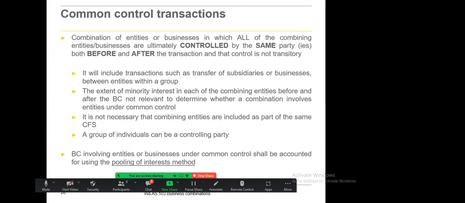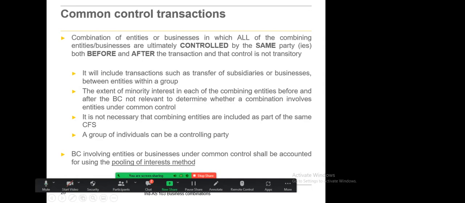Let us understand common control transactions. Common control, as I explained earlier also, means where a person has the power to control the operations and the power to appoint the board of directors. It says a combination of entities or businesses in which all of the combining entities or businesses are ultimately controlled by the same party, both before and after the transaction, and the control is not transitory.